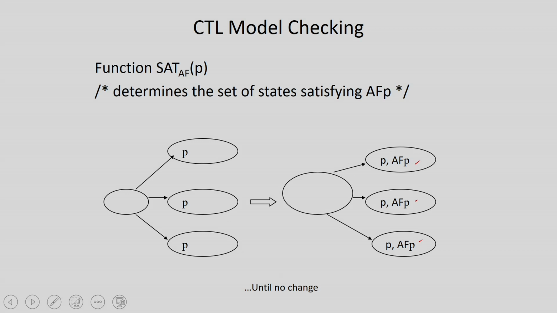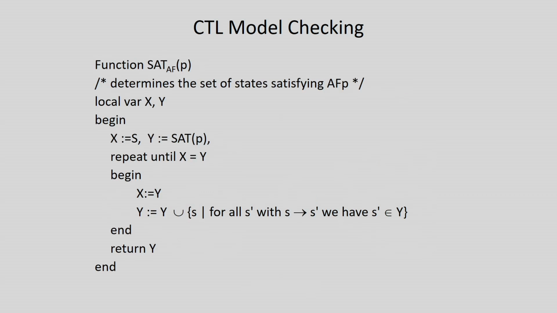Now we traverse this graph, and since AFP is true in all these 3 states and this state has only 3 successors, we can label it with AFP. Like that we go step by step and traverse the entire graph, and finally all the states where AFP is true will be labeled with AFP, and it will not label those states where AFP is not true. So, this is the fixed-point method we are describing.